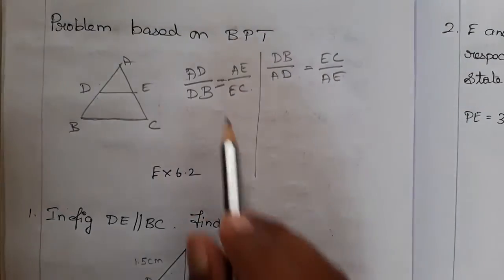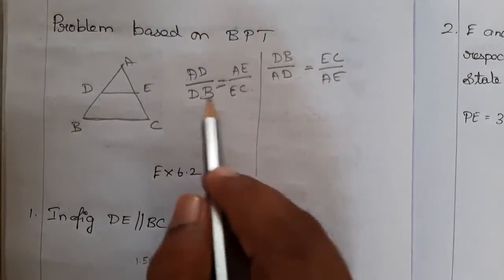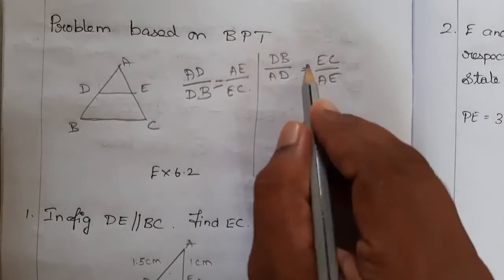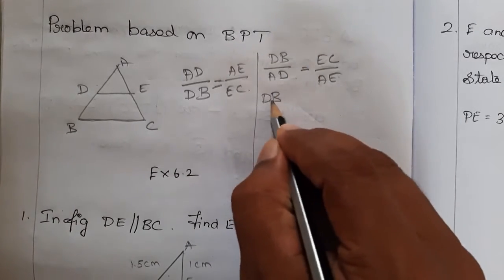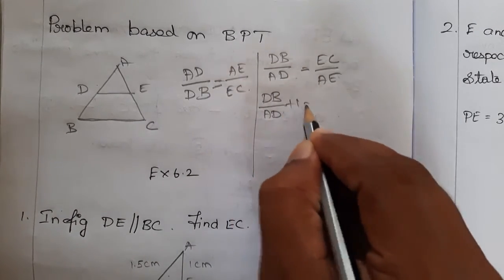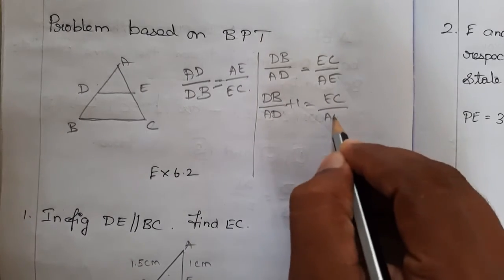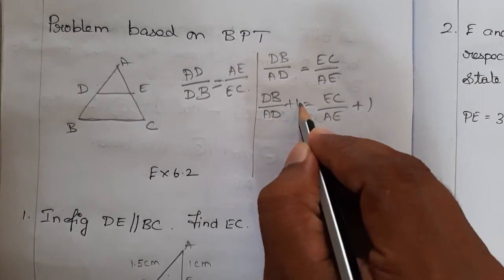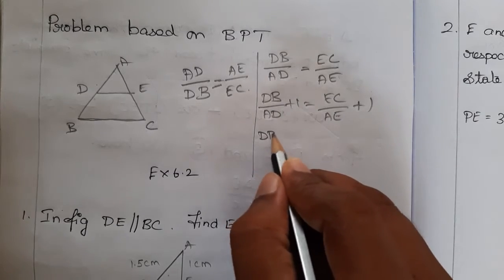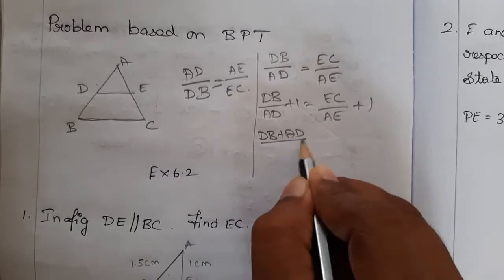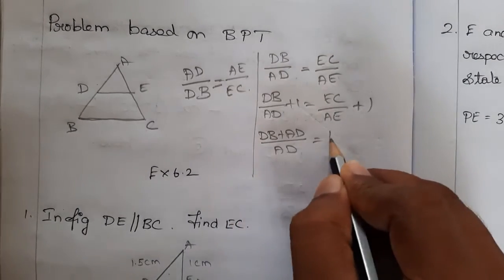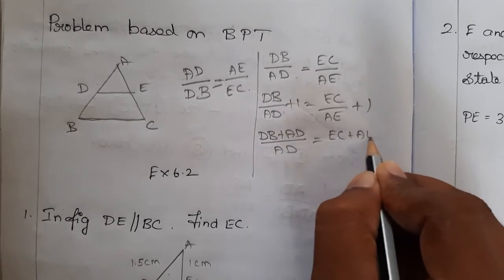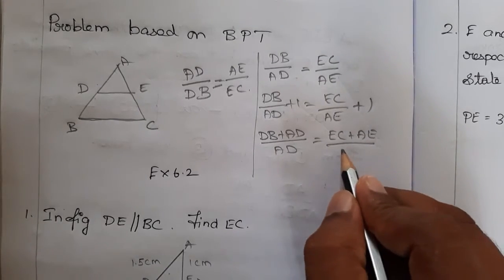I have just written the reciprocal of this Thales theorem. Now adding 1 on both sides, DB by AD plus 1 is equal to EC by AE plus 1. Let me take an LCM. It will become DB plus AD by AD is equal to EC plus AE by AE, right?